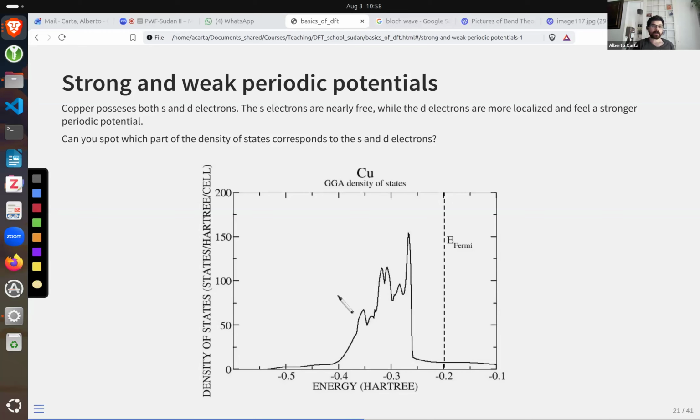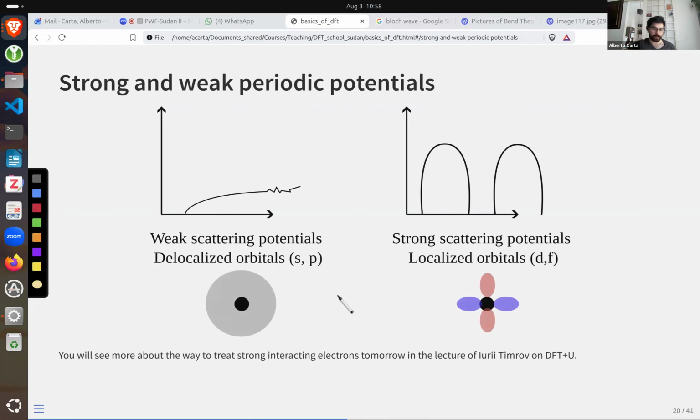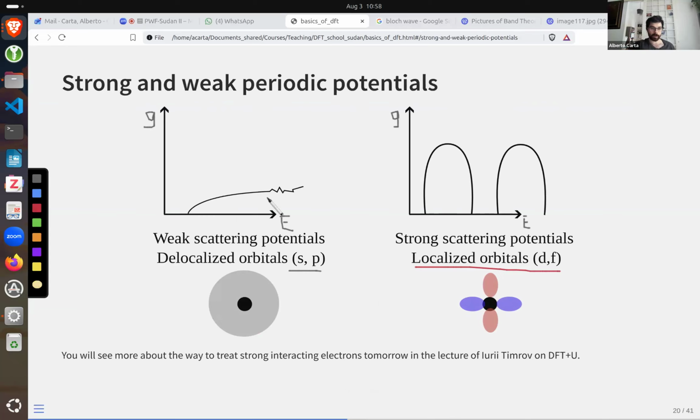So here we are talking a lot about strong and weak electronic potentials. Weak potentials are very electron gas-like, strong potentials are more atomic-like.